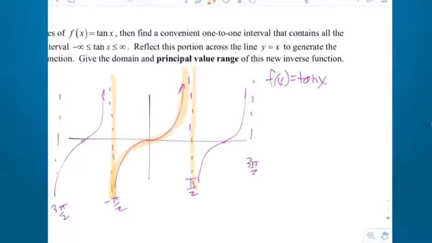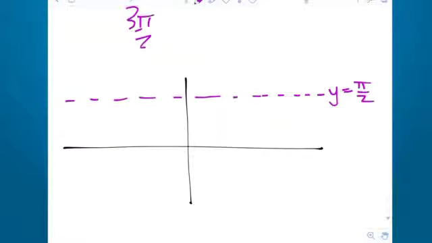So we're going to restrict that, and if I reflect that across the line y equals x, I'm not going to do that low-tech paper model anymore. I think you can kind of imagine what it looked like. What happens to the vertical asymptotes when we reflect them across the line y equals x? They make horizontal asymptotes. So we'll have a horizontal asymptote up here at y equals pi halves instead of x equals.